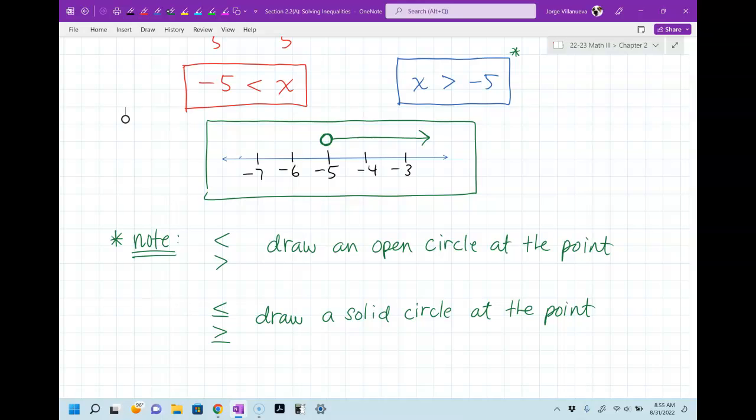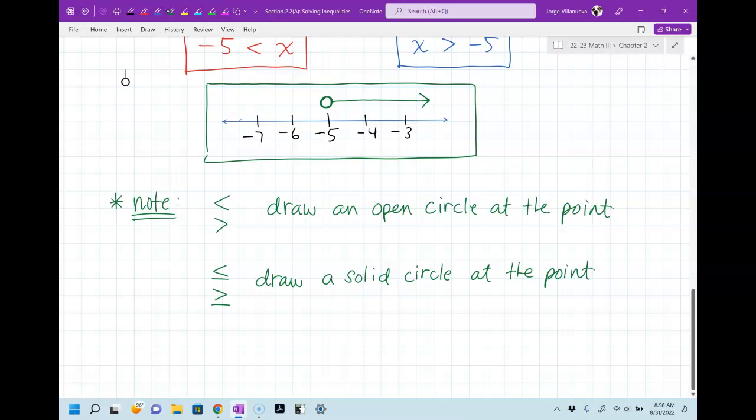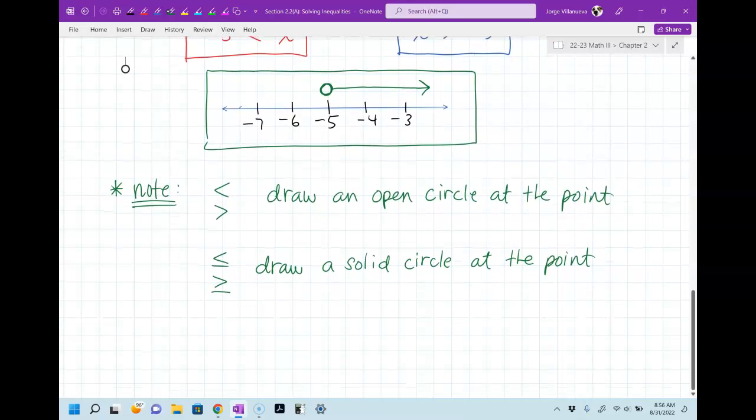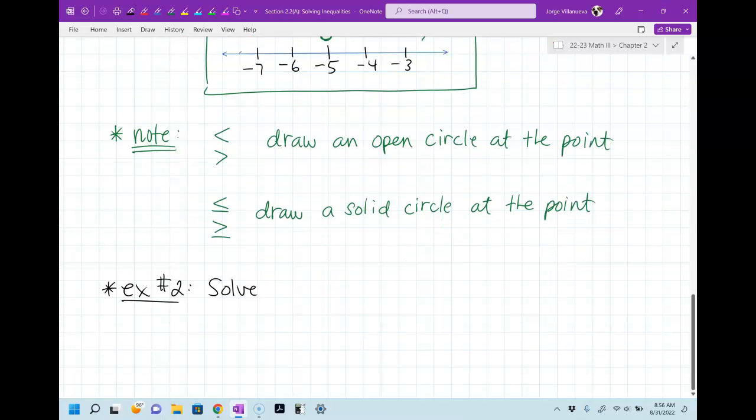I'm trying to see if... I'm going to do this problem right here. I was trying to find one that I can see that for sure I would have to flip the symbol. I know this one I do. So solve and graph.